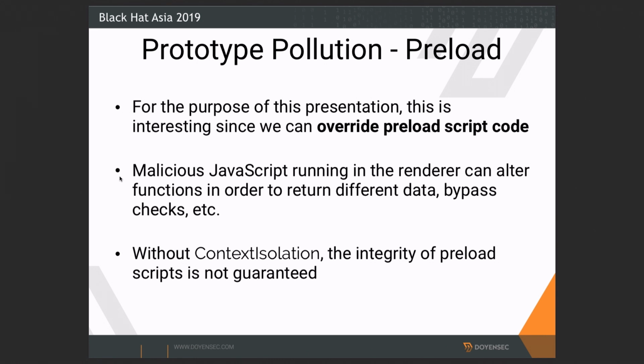And so the idea is that if you don't have context isolation, the renderer and preload share the same context. So changes in the renderer affect the code that has been defined in preloads. What that means is that we cannot guarantee the integrity of that code.